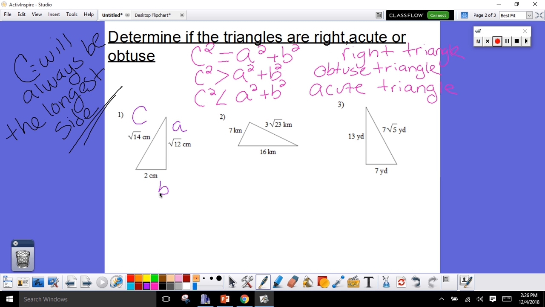Now we're going to write our equation. I am going to check if C squared is equal to A squared plus B squared, if C squared is greater than A squared plus B squared, or if C squared is less than A squared plus B squared. So I'm going to write my equation. C squared. I'm going to leave a space because I don't know if they're equal, greater than, or less than.